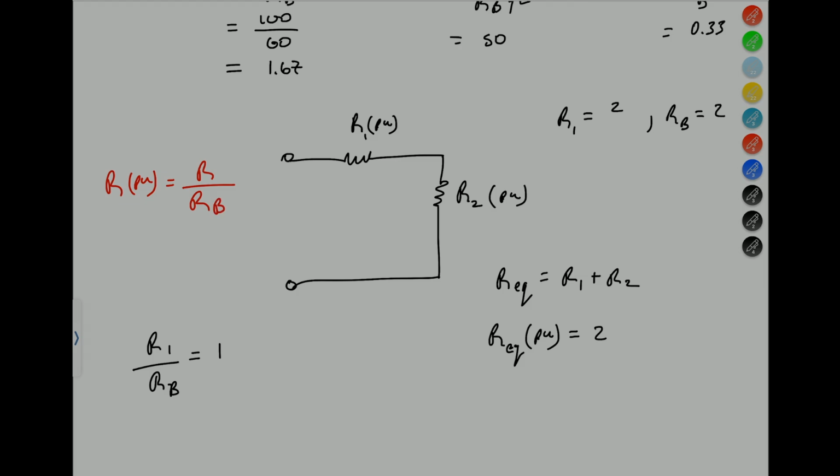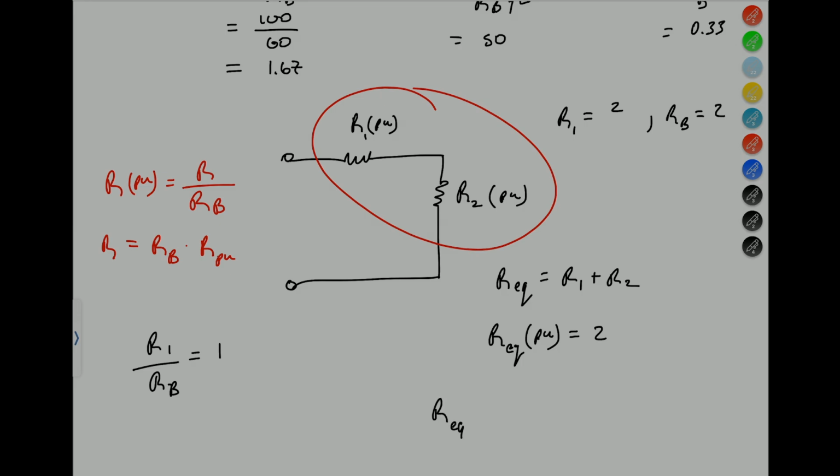So if we want the actual value, we multiply the base resistance by the per unit. In this case, to get the actual value of our equivalent resistance, our equivalent actual is equal to the base resistance times the per unit.